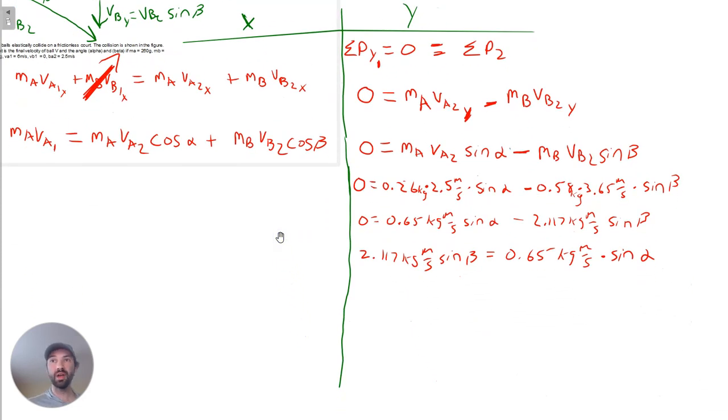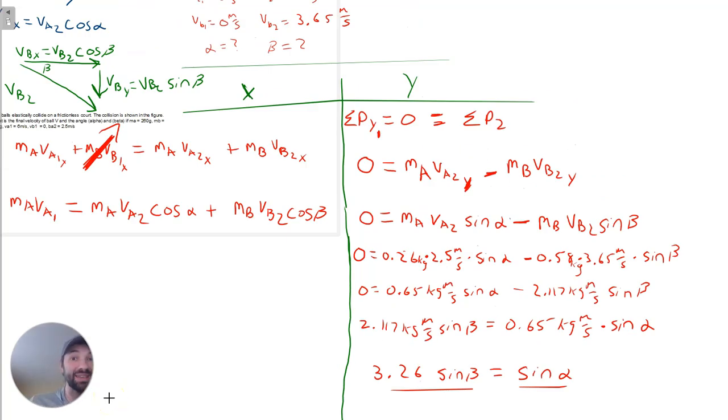Now, let's divide both sides by 0.65 or 2.117. It doesn't matter which way you want to do it. I'll do 0.65 on both sides. So it's going to say 2.117 divided by 0.65 is 3.26, good enough, kilogram meters per second. Actually, all the units cancel. 3.26 sine of beta is equal to sine of alpha.